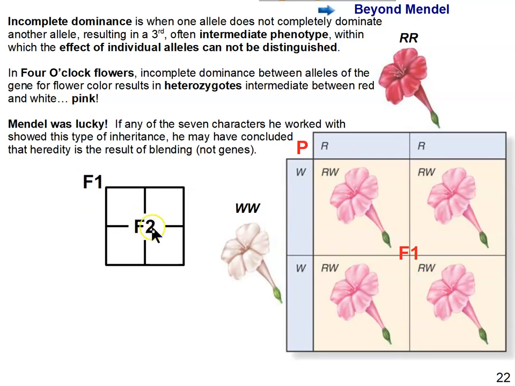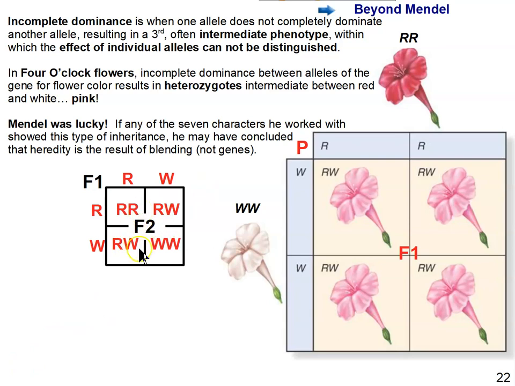So F1 to F2, both parents are going to be heterozygotes, and we end up with the same results that we usually end up with in the F2 generation in Mendel's experimentation, where we have one that's homozygous red in this case, one that's homozygous white, but then the heterozygotes are going to be pink.